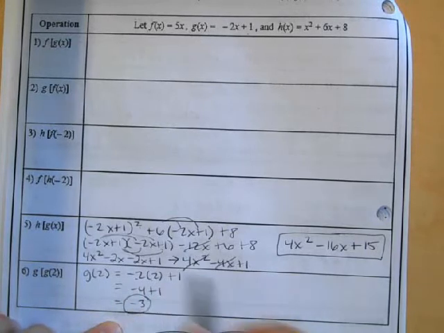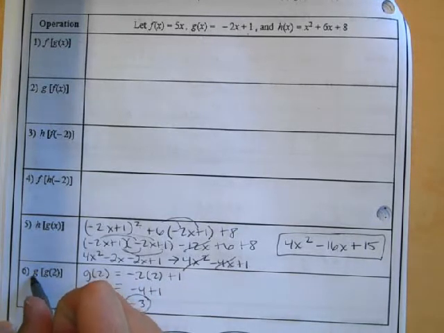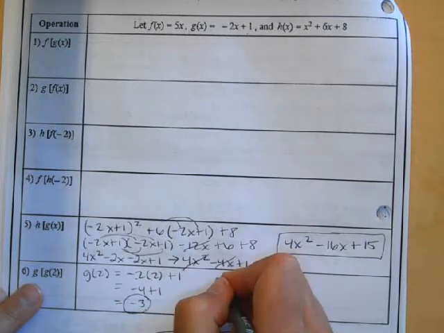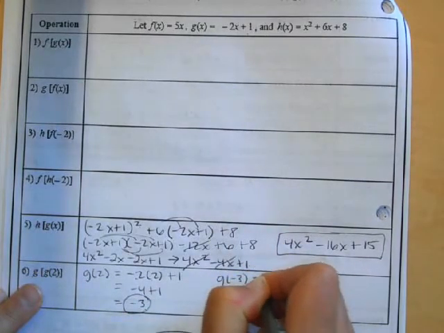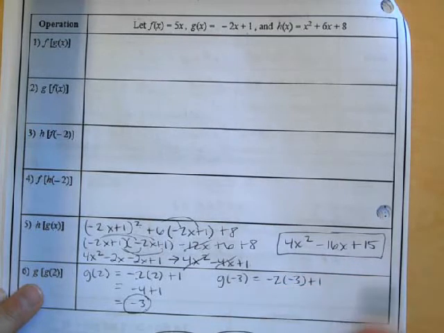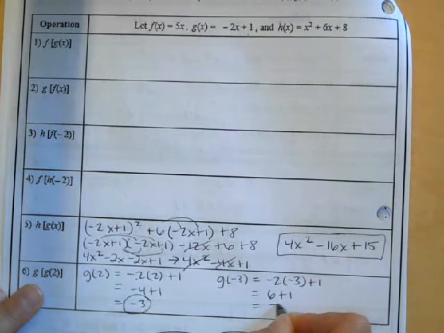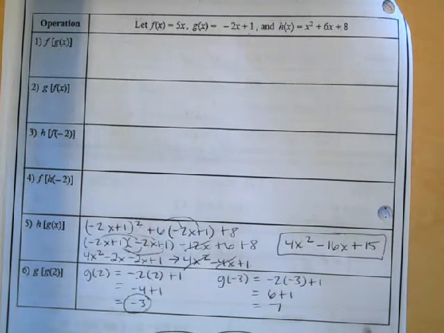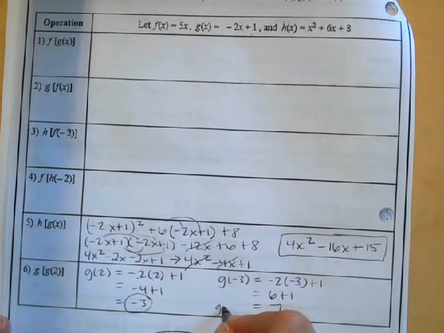Now I'm plugging this back in for my g of x again, but it's going to change the number. So now I have g of negative 3, and negative 2 times negative 3 is a positive 6. We're going to add the 1, and we end up getting 7. And that's for our g of g of 2.